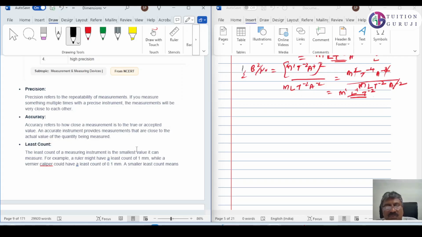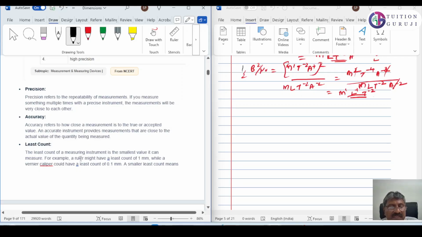On the other hand, accuracy refers to how close the measurement is to the true or accepted value.